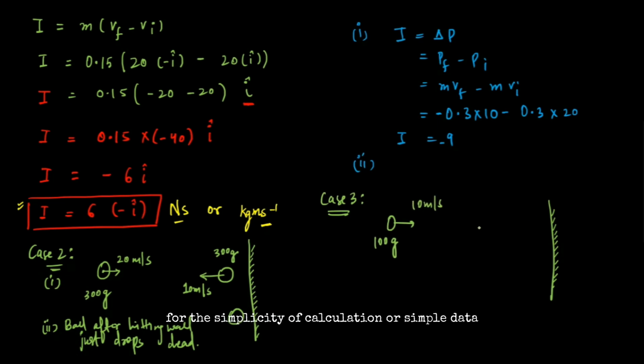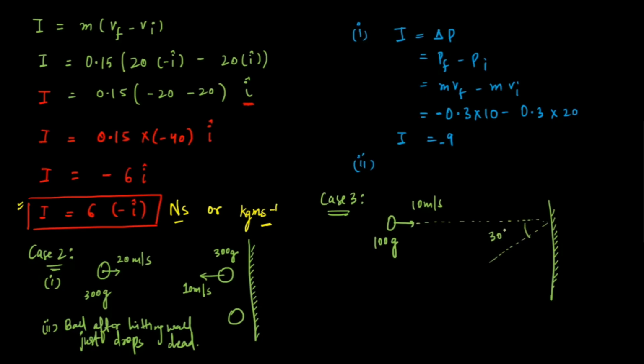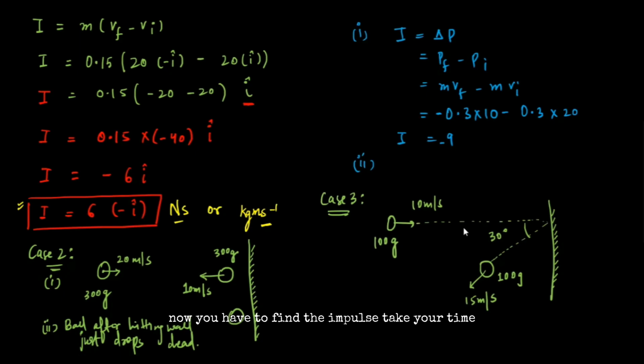For simplicity of calculation, a simple data. It goes in such a way that it hits the wall. But this time the ball rebounds at 30 degrees with 15 meters per second of velocity, obviously having the same mass. Now you have to find the impulse. Take your time and tell me the answer.